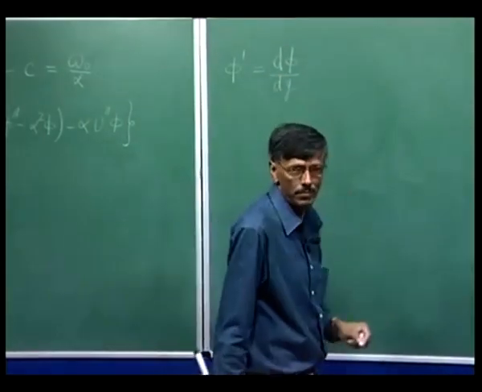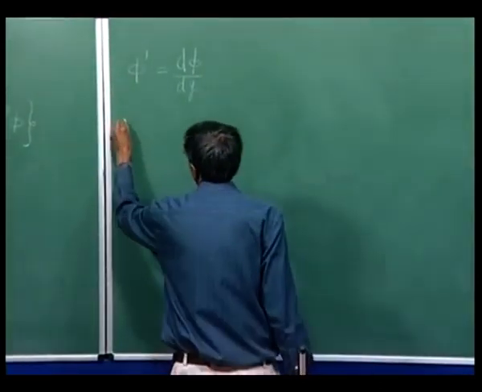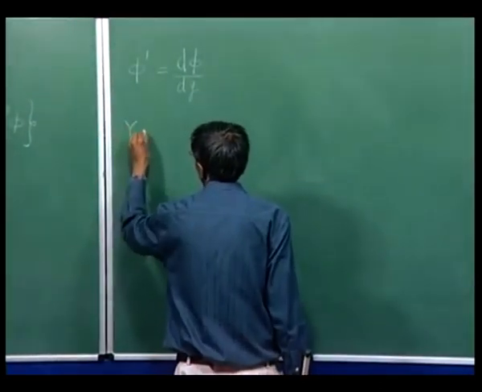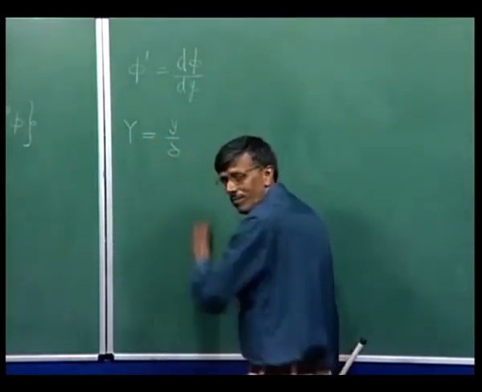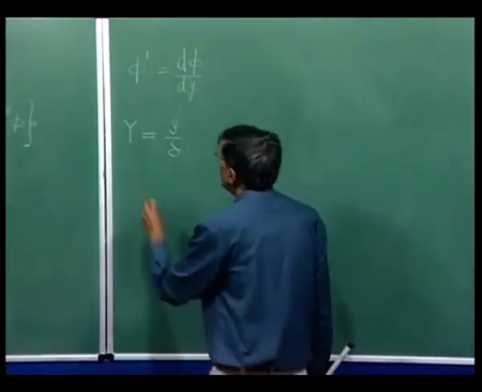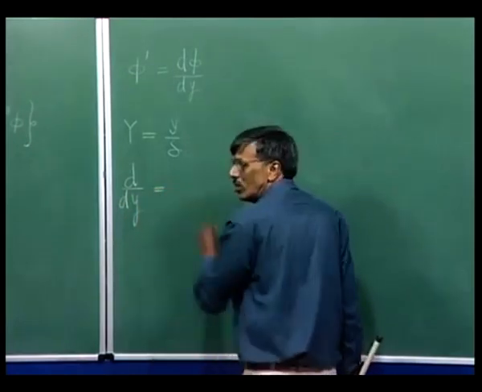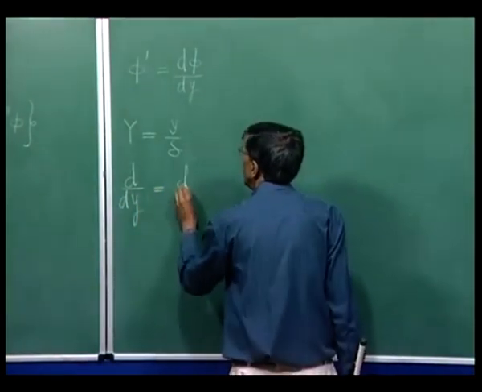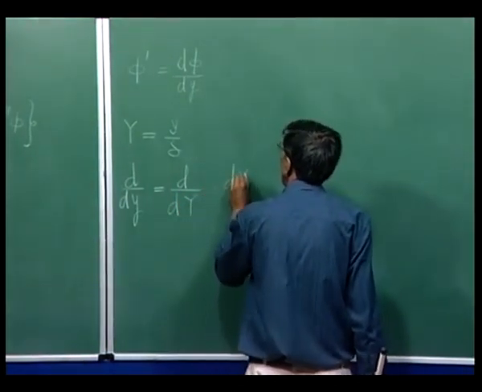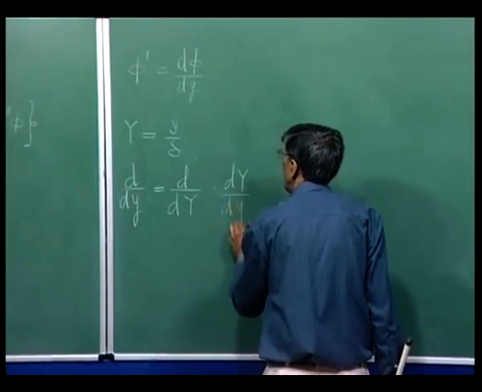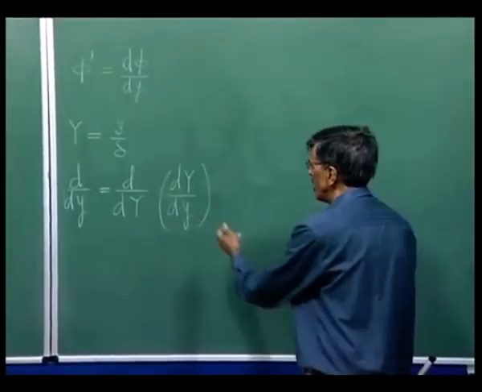dy, the physical variable. Now, what I want to do is introduce a new independent variable. This is y over delta. So, what I could do is basically write d dy should be equal to d d capital Y times 1 over delta, very easy.